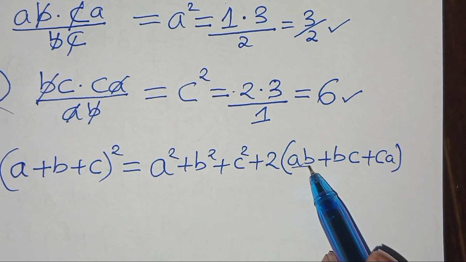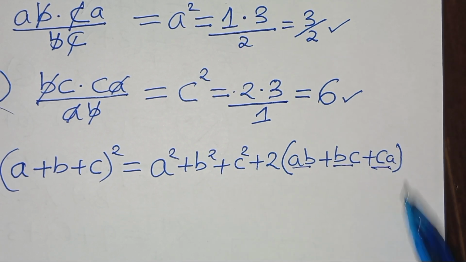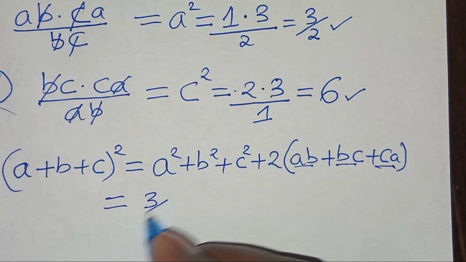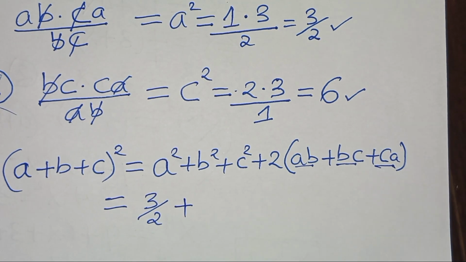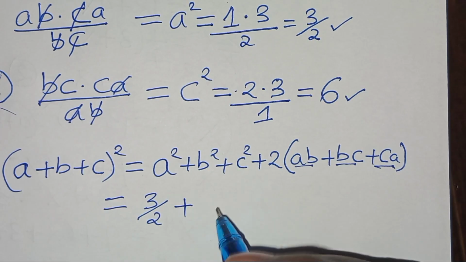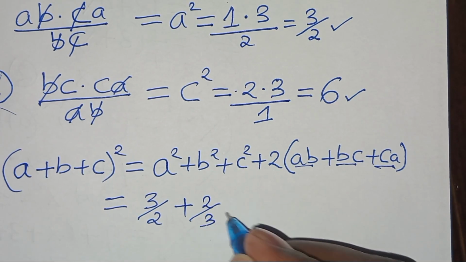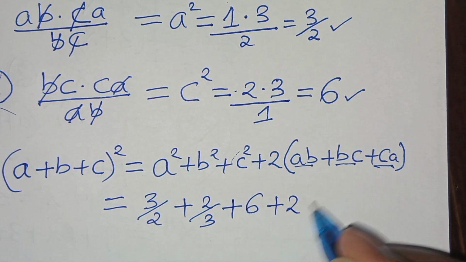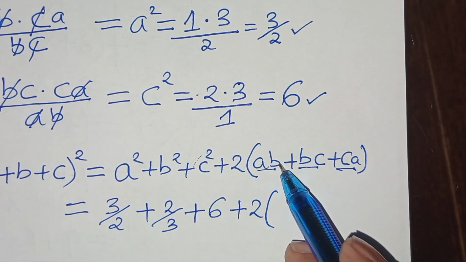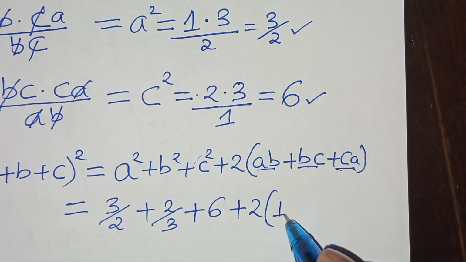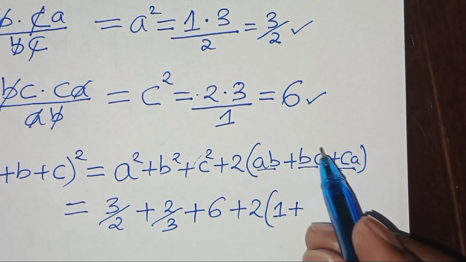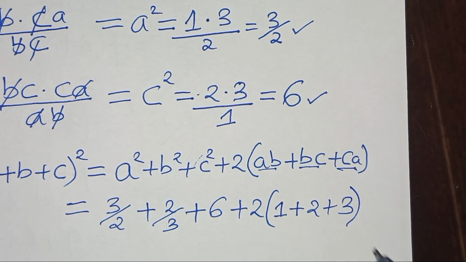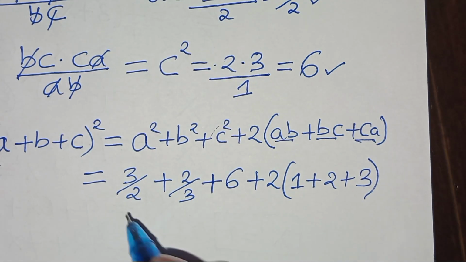We also have ab, bc, and c times a. So let's substitute this. So a squared is 3 over 2 plus b squared, which is 2 over 3, then plus c squared, which is 6, then plus 2 times ab, which is 1, plus bc, which is 2, and c times a, which is 3. So let's proceed here.